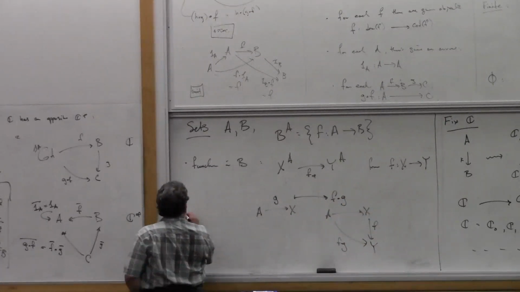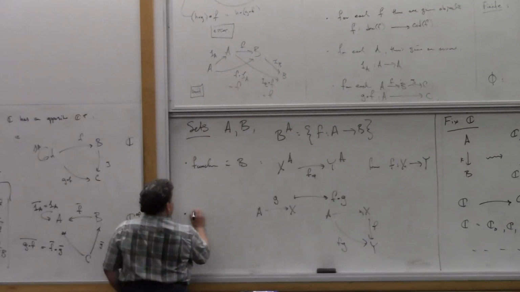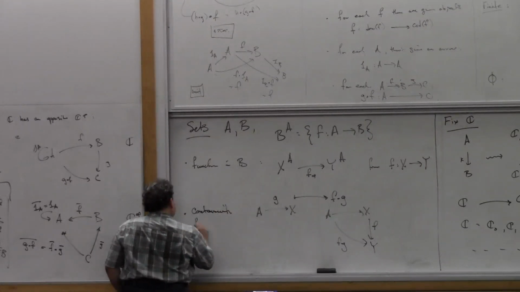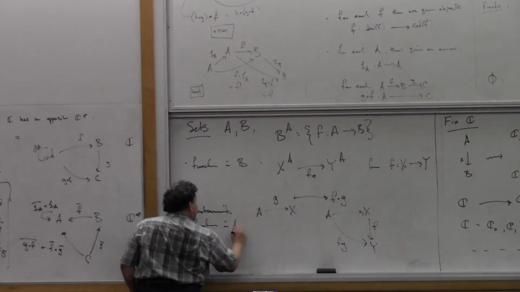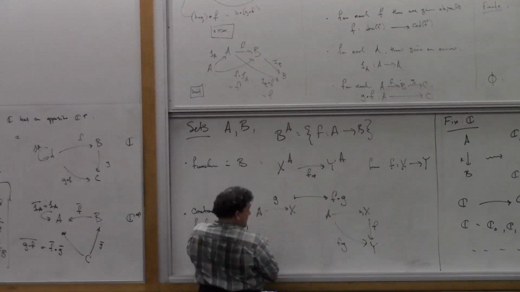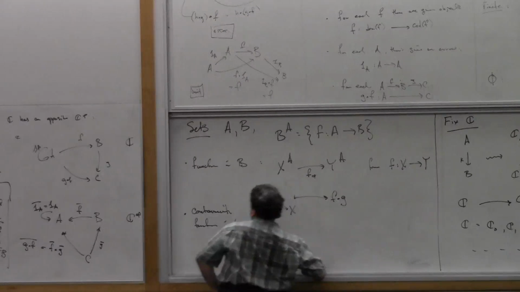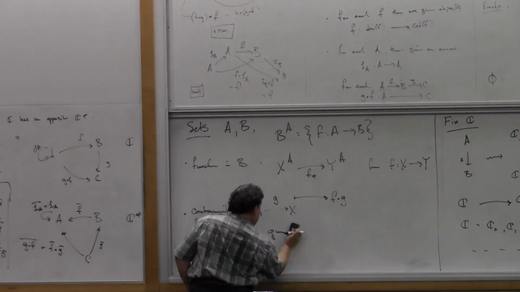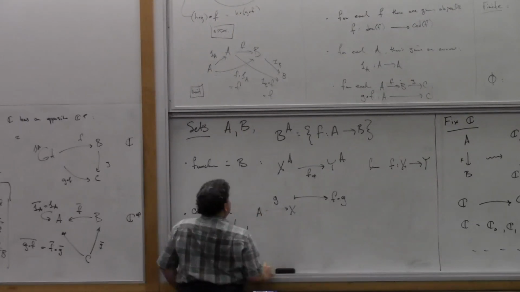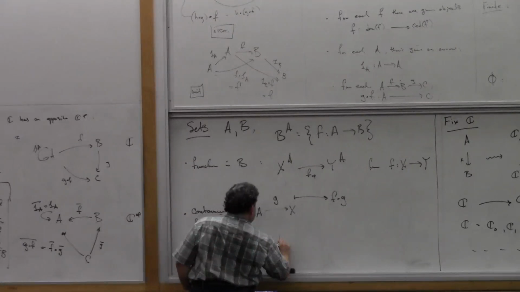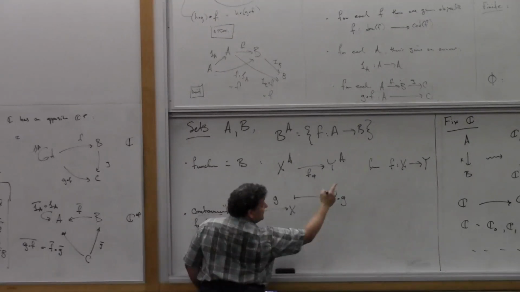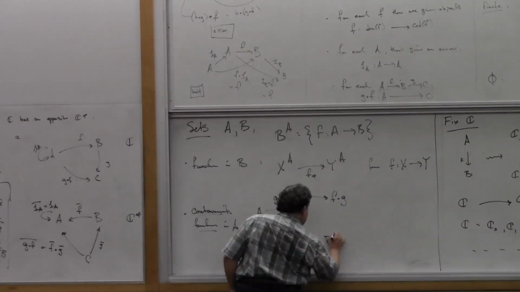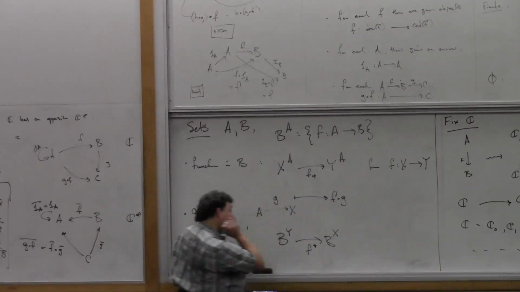But you could also fix the other argument. So this is a contravariant functor in the argument A. What that means is, if I fix B, I have, as before, f going from X to Y, and I'll get a map from B^Y to B^X, which I'll call f upper star.